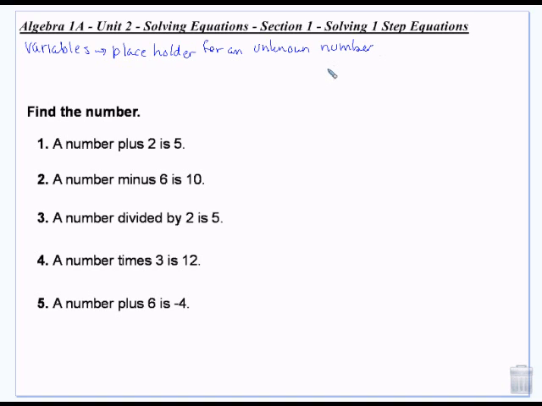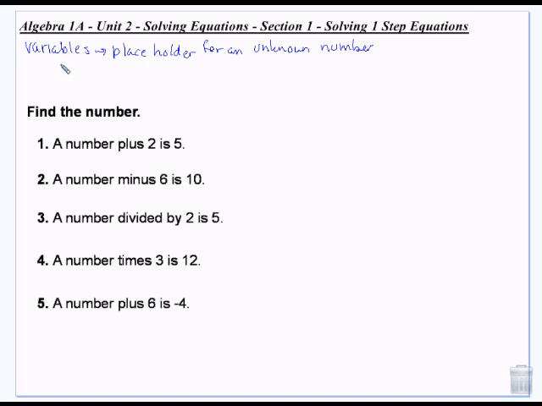Like when you're standing in line and you tell somebody, hold my place in line, and then you leave for a while. They are representing you, so they're kind of like your variable. They're holding your place in line. But a variable has a value that it represents, and it changes. That's why they're called variables, because variable means to change.